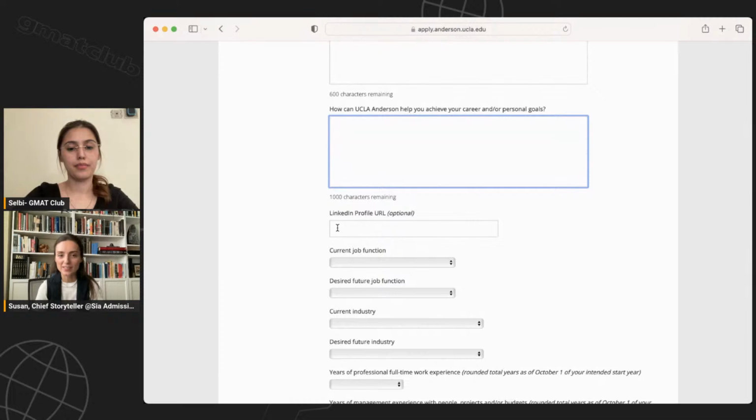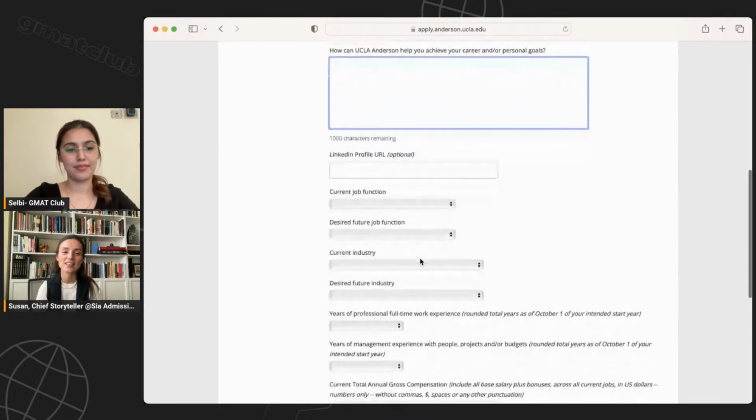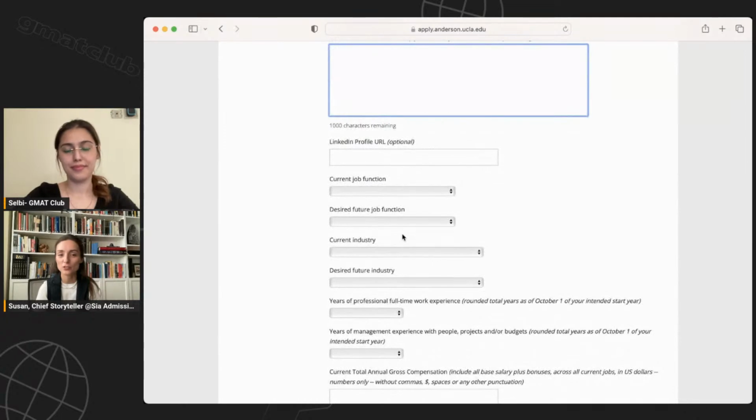Most applicants use this time to refresh their LinkedIn profile. If you want to include it, please refresh it, if not before, at least a couple of days after when you include it in here. Your job function, your desired future job function, current and desired.